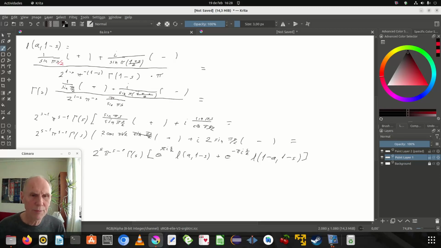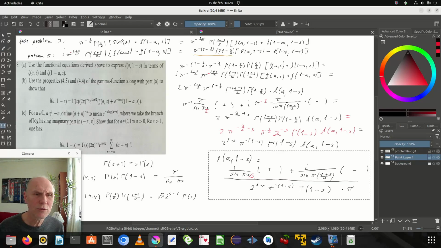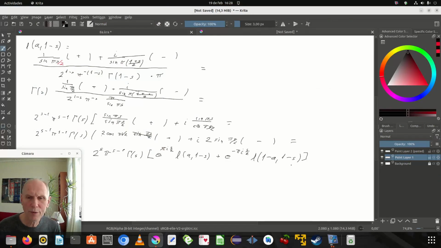And now we must compare with the result I was supposed to get. Gamma s, so we set that guy here outside the parenthesis.